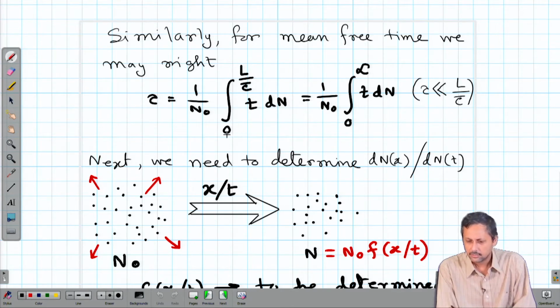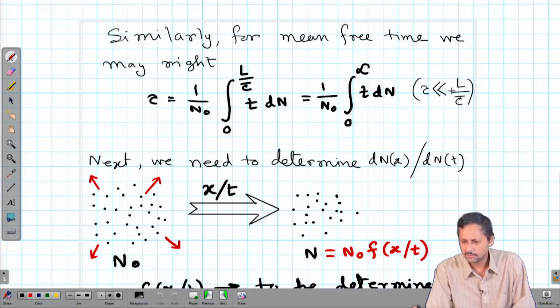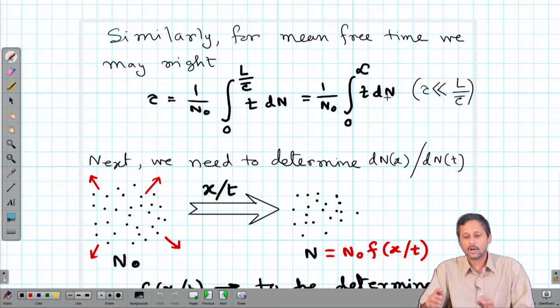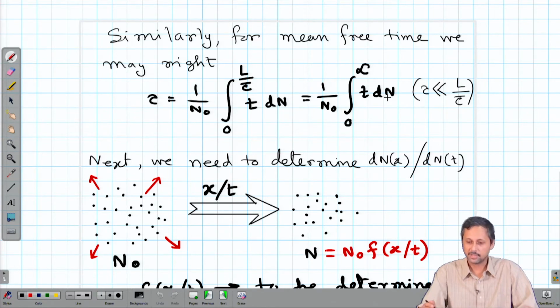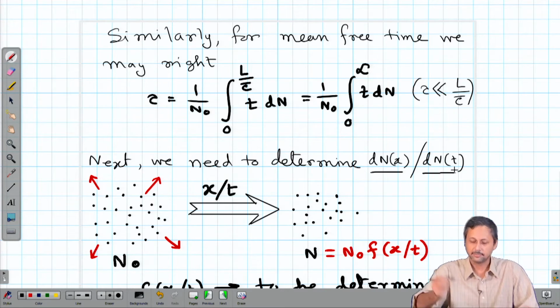Once again, as tau becomes very small compared to L by C bar, we can write this as 1 by n0, 0 to infinity T dn. So, either way, in order to compute lambda and tau, we have to find a way of determining dn as a function of x or t.